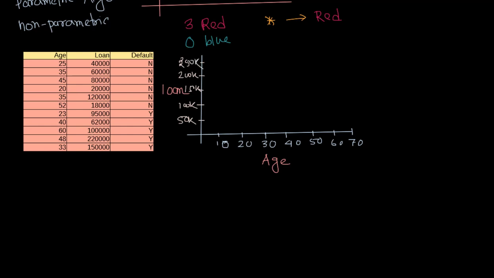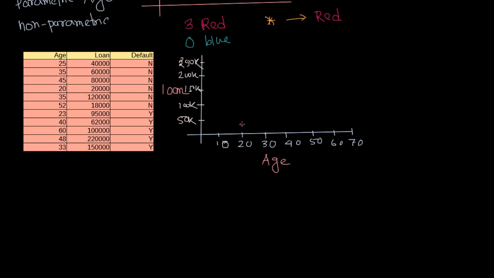I think there is no amount greater than 250k over here, right? So if I plot it, the first point will be age 25, nearly 40,000. If I give default which is no as a red point and default which is yes as a blue point, the first one is no, so the loan amount is nearly 40k.